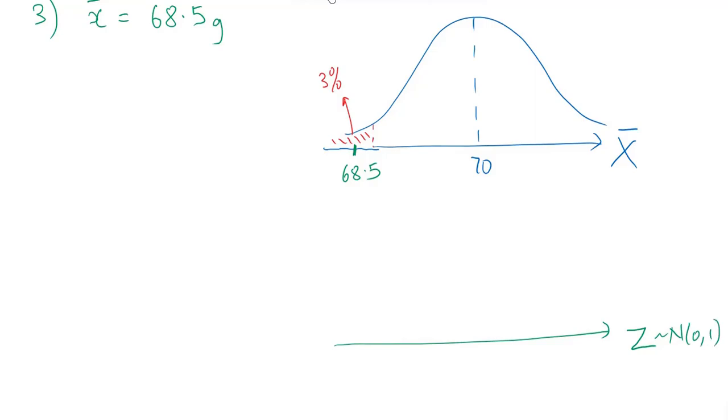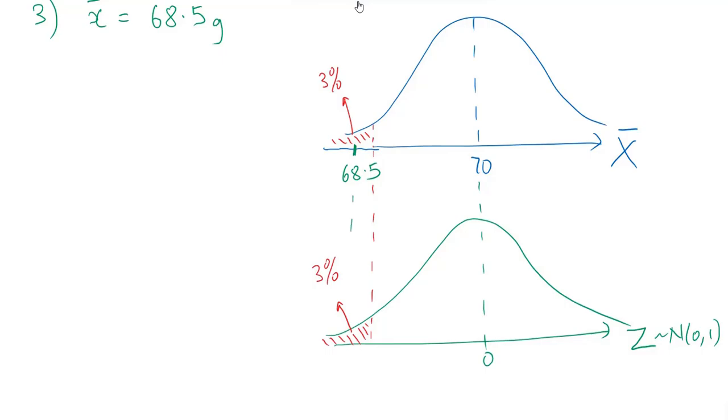What it means is that the mean here, the 70, will become 0 now. And my critical region, the 3%, will still remain 3%, which is this part over here.